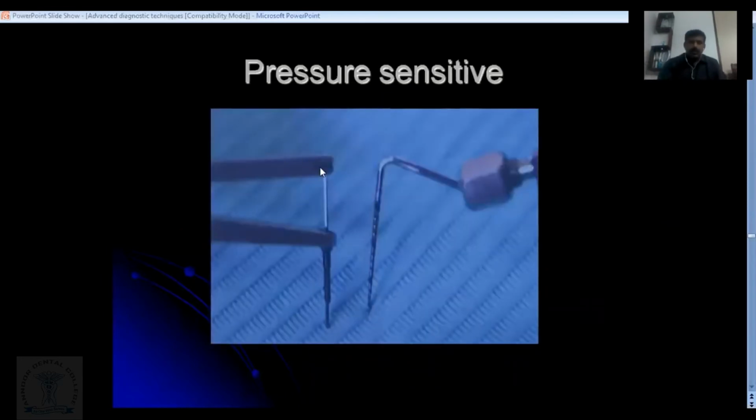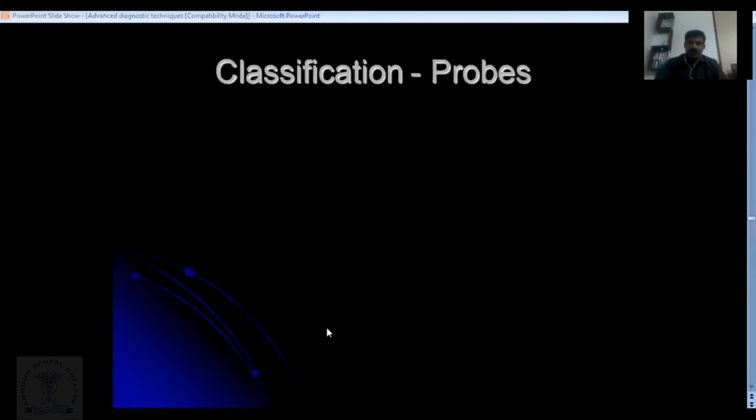Now this goes through a sleeve, so it won't go much beyond this point. You can't apply too much force. So that is the basic idea of a pressure sensitive probe.